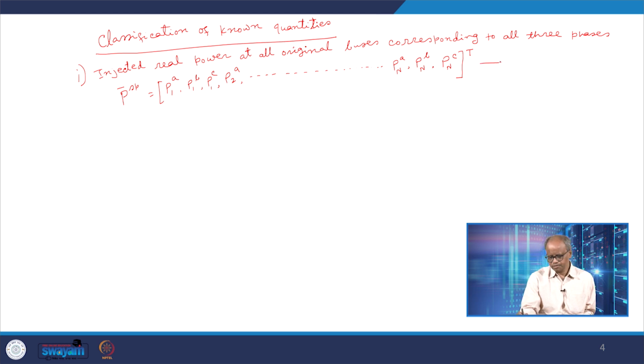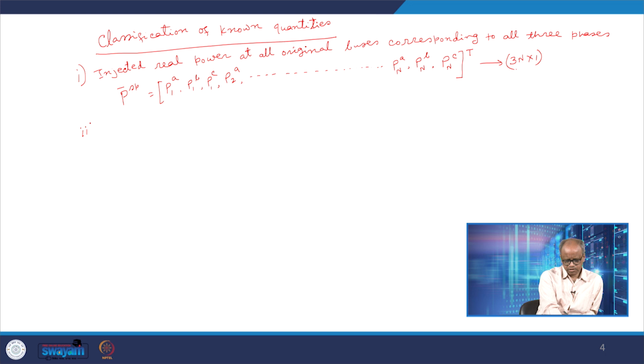So here it would be a 3n cross 1 vector, because for each bus there are 3 quantities, PIA, PIB, PIC. So for n buses there are 3n quantities, so I have got 3n cross 1.